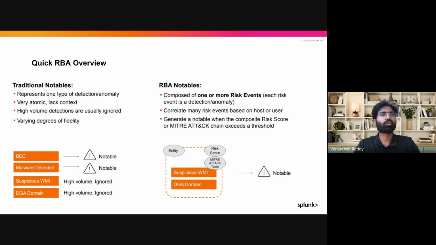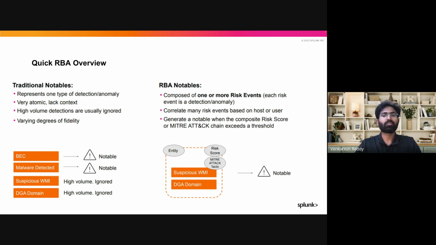Most of the alerts we trigger are based on the data models, and we use the CIM, the common information model. In Enterprise Security we have a number of dashboards, and mainly we use the risk analysis dashboard and the risk event timeline. Those are the main components that we use in RBA.